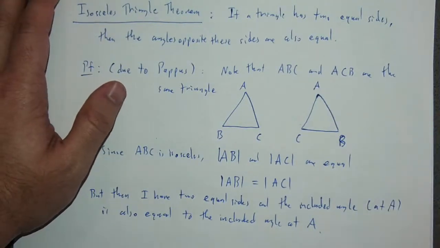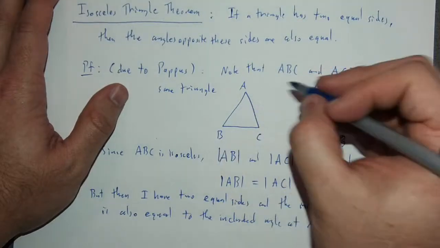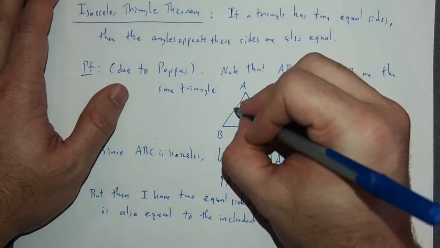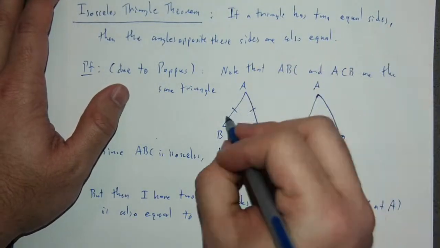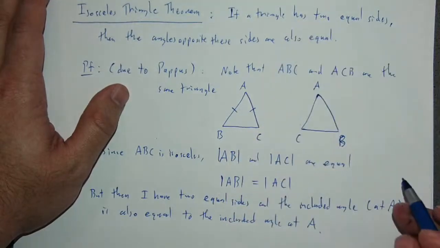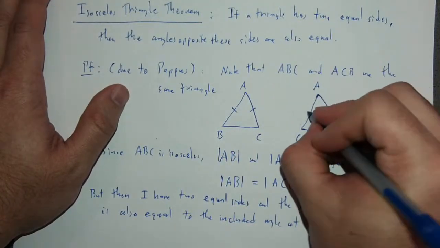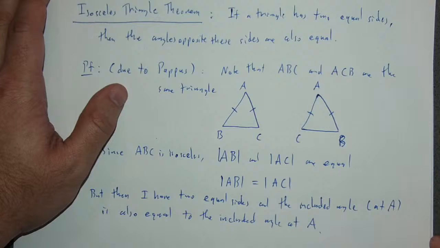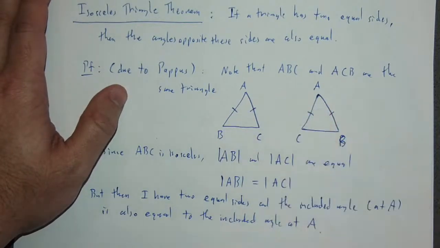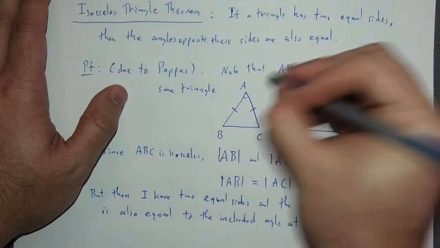So if you remember in high school geometry, you would maybe mark these. You'd say, okay, these two sides are the same in this triangle. It's an isosceles triangle. But then coming over here, it's the same as these two sides. This is the same triangle. And in fact, at A, they share an angle.